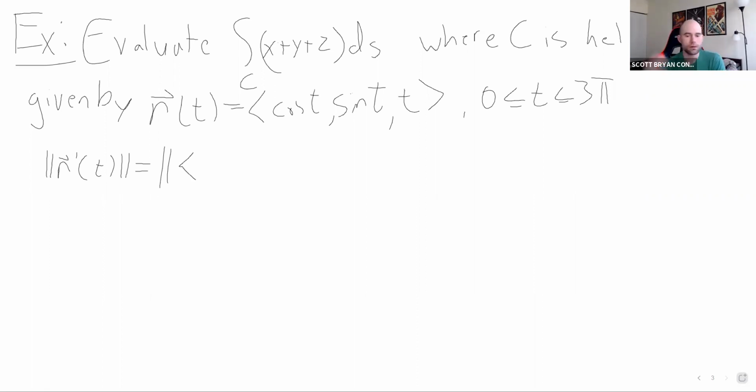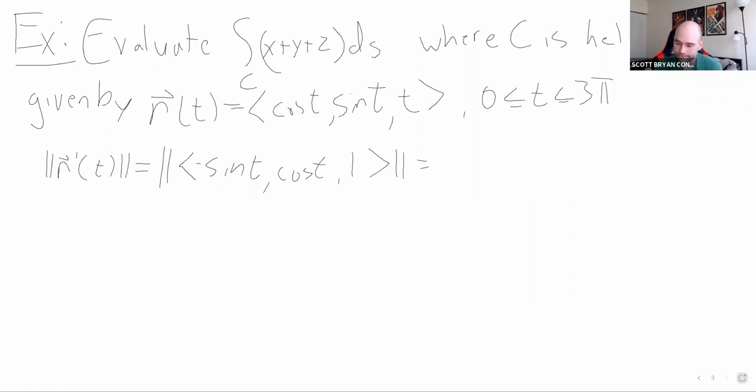So we take r prime t. We just take the derivative of each component, component by component. Cos t goes to negative sine t. Sine t goes to cos t. And t goes to 1.